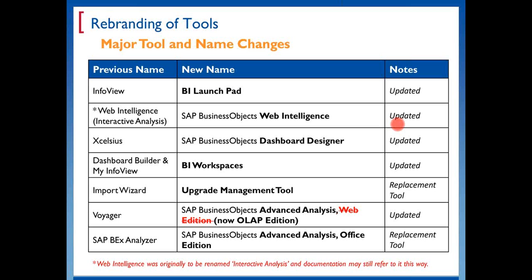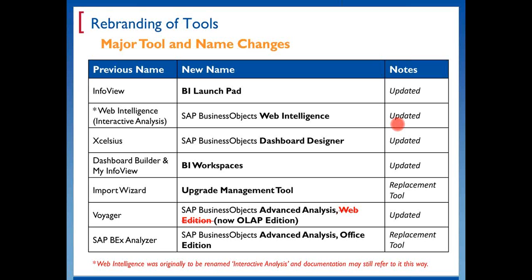Okay. Likewise, we have Web Intelligence applications, Web Intelligence documents, which are available in version 3.0. However, with version 4.0, these applications are called SAP Business Objects Web Intelligence, guys. During the launch, the ramp up stage, which is the stage before the launch, you can also call it beta version testing.